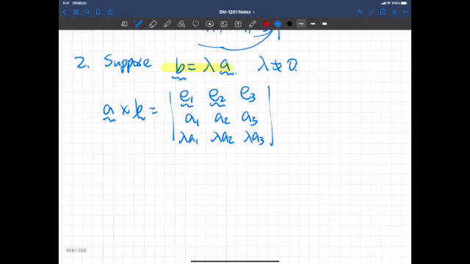Now remember the property of determinant. If you have one row multiplied by a constant, then this is equal to this constant times the determinant without these multiples. So this should be equal to this.